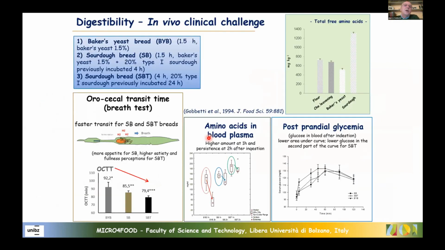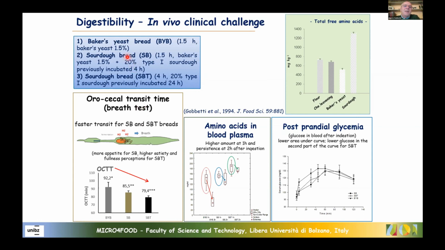We also did a human challenge comparing the sourdough fermentation with baker's yeast regarding digestibility, and I am summarizing the main outputs of this human challenge.